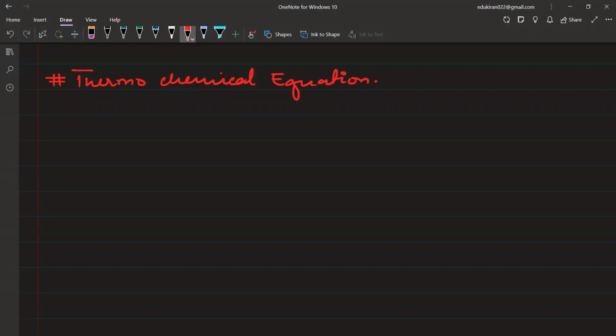What is a thermochemical equation? A balanced chemical equation. This is a balanced chemical equation, and it has one additional piece of information, that is about the heat change during the reaction.